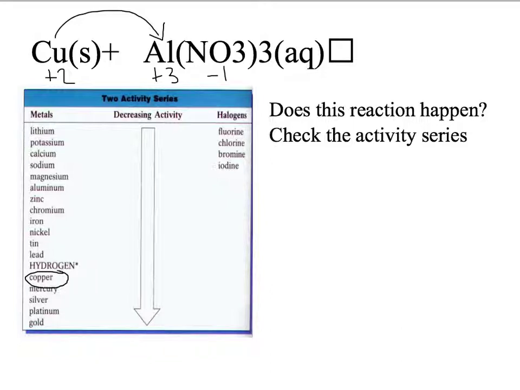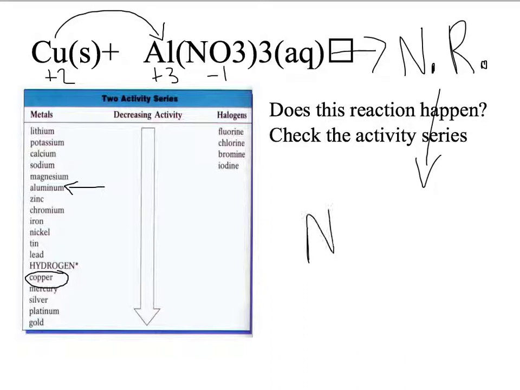Here's copper, okay? And here's aluminum up here. Since copper is not above aluminum, this does not happen. We call this no reaction, and we just put an NR. Remember, NR stands for no reaction, okay?